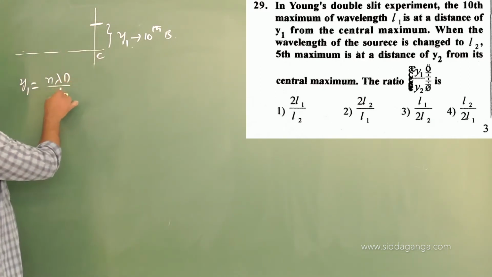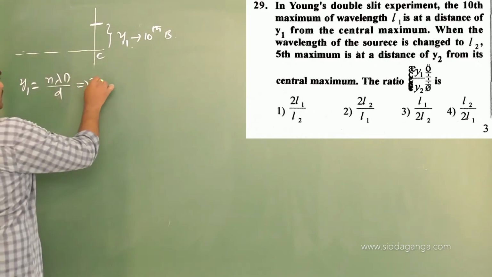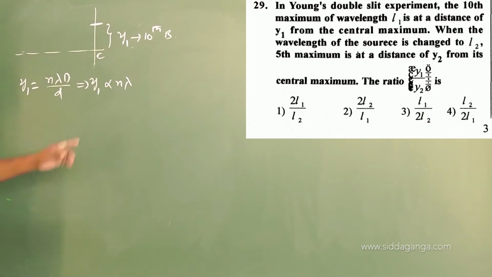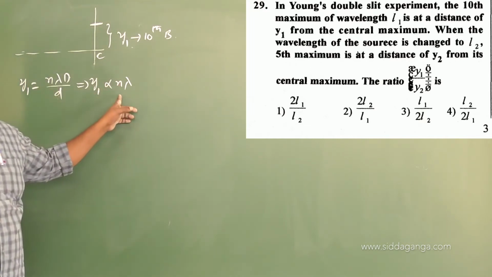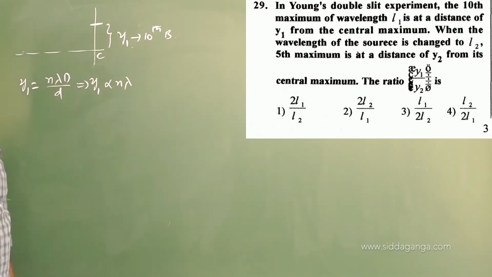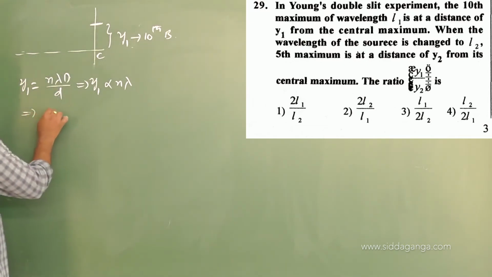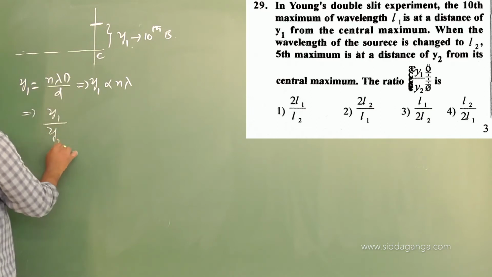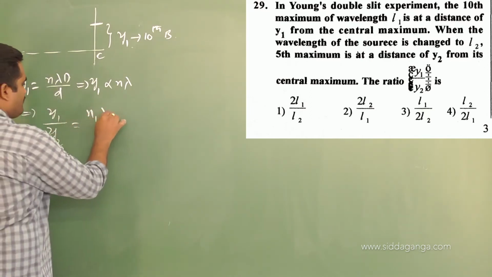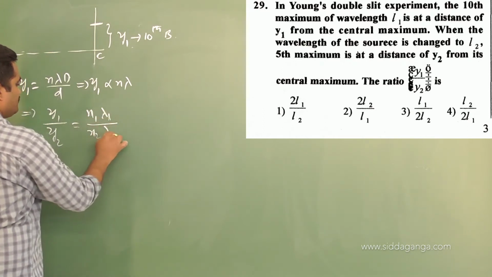So capital D and small d are the same here, means y1 is proportional to n lambda. Okay? And they are changing the wavelengths, right? So the fifth maxima is at a distance y2. Therefore y1 by y2 will be equal to n1 lambda 1 divided by n2 lambda 2.